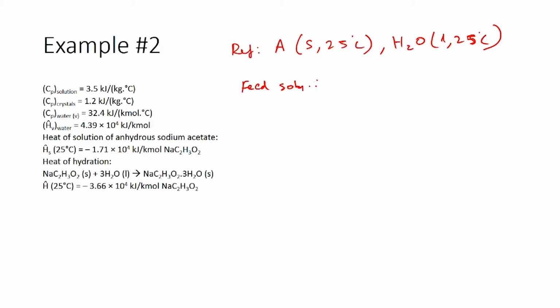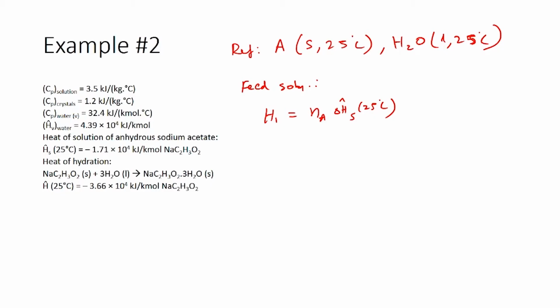The change in enthalpy for the feed solution can be called H1, and this would be equal to n_Na times delta H_s at 25 degrees Celsius, which is the number of moles of sodium acetate times the heat of solution associated with converting solid sodium acetate and pure liquid water components into aqueous solution.